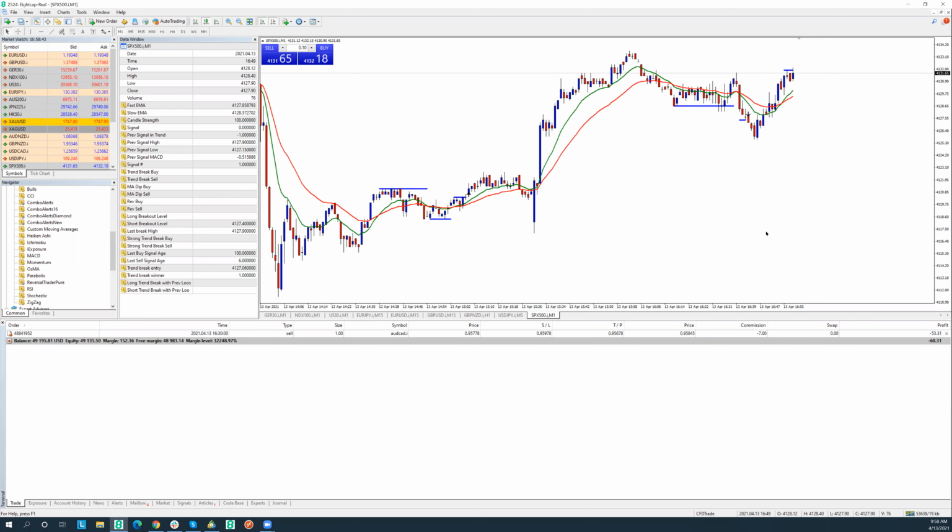I'm just waiting to see if the S&P triggers. So far, it doesn't look like it's triggering just yet.